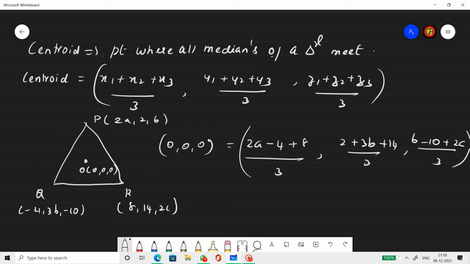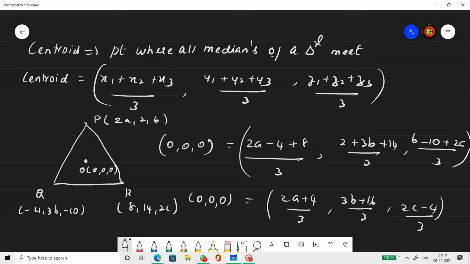Now that's it. You just simplify this and you get the values of a, b, c. So (0, 0, 0) equals ((2a plus 4) by 3, (3b plus 16) by 3, (2c minus 4) by 3).